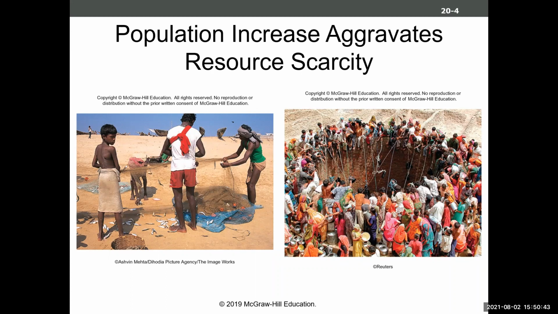Like we said, population increase aggravates resource scarcity. Look at all those people trying to get water from this well. We have an instance of overfishing here on the left-hand side where that catch really isn't a lot. Again, growing population is going to be cause for a big concern.